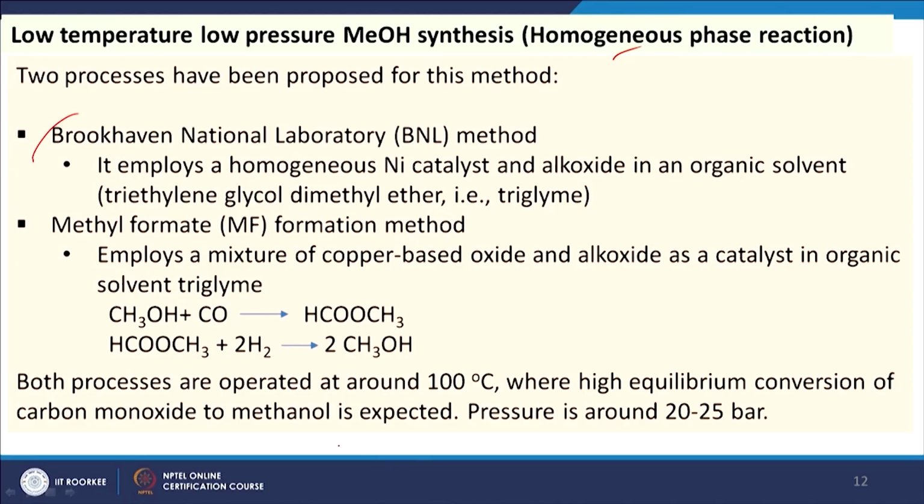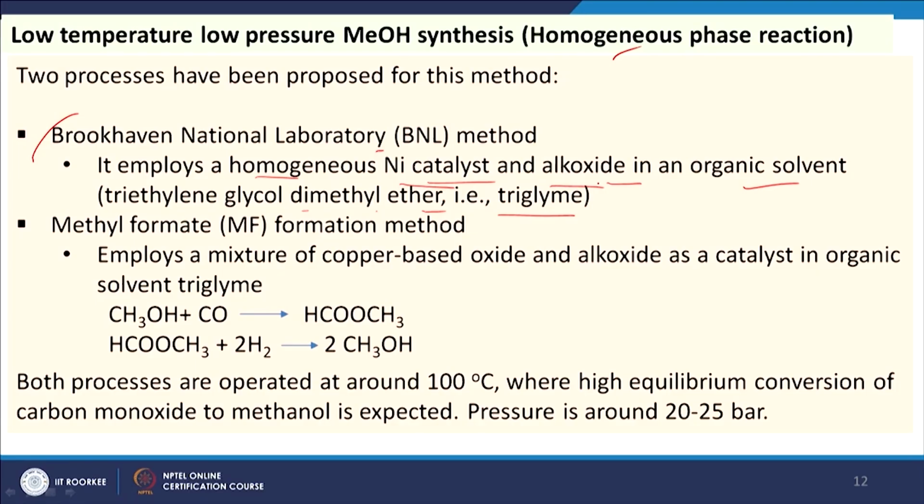One example is the Brookhaven National Laboratory BNL method. They have a homogeneous nickel catalyst and alkoxide in an organic solvent, triethylene glycol dimethyl ether, triglyme. This organic solvent is used where the nickel catalyst and alkoxides are mixed.